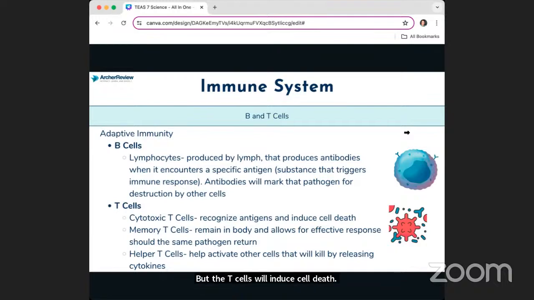Memory T cells remain in the body and allow for an effective response if that pathogen should return. Helper T cells help activate other cells that will kill by releasing cytokines. So T cells actually get the job done when it comes to destroying those pathogens. But you have lots of different types of cells in your immune system that work together, communicate, and signal so that it can destroy that pathogen efficiently.